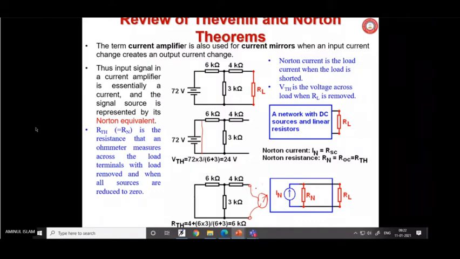Then what you get is the Thevenin resistance.